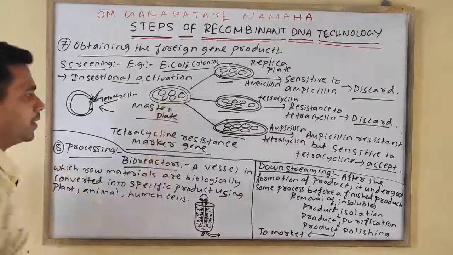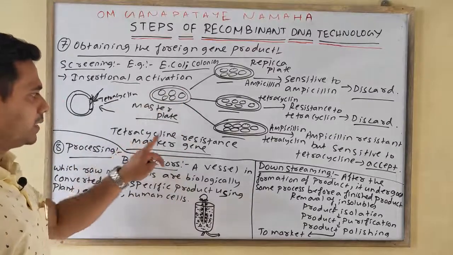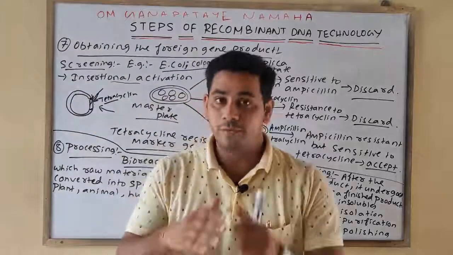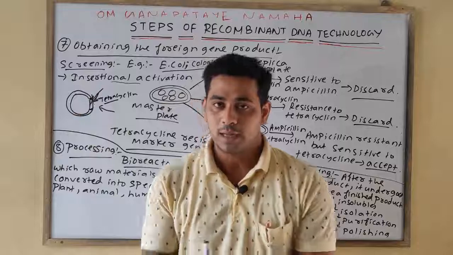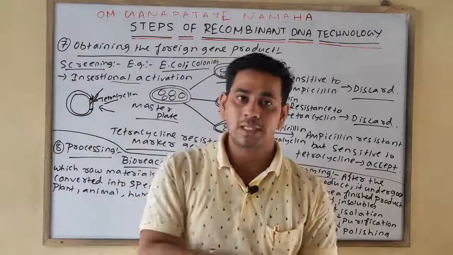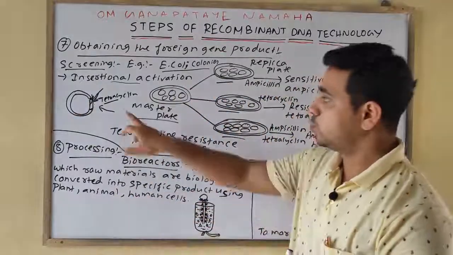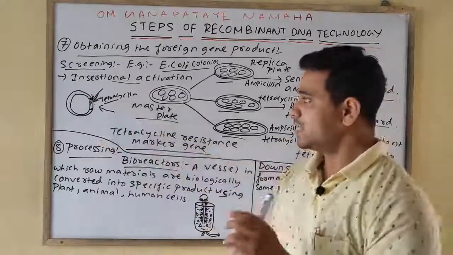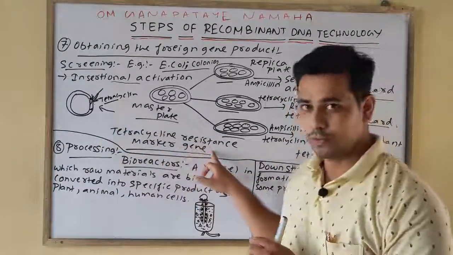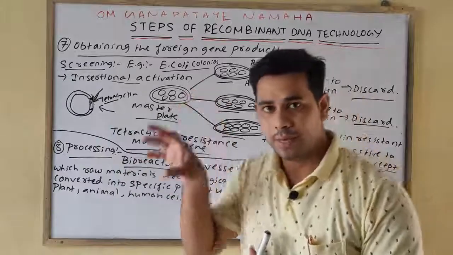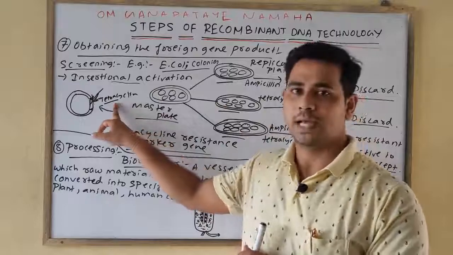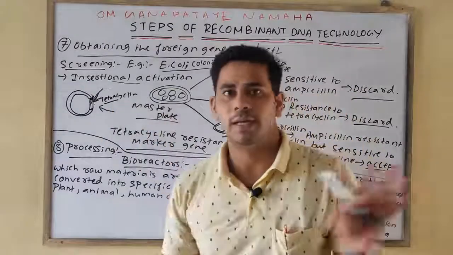Suppose this is your master plate, and we are only considering the tetracycline resistance marker gene. Those in which the recombinant DNA is present will show sensitivity to tetracycline. Always remember, as we are considering the tetracycline resistance marker gene, if the recombinant DNA is present, it will compulsorily show sensitivity to tetracycline, otherwise the recombinant DNA is not present.